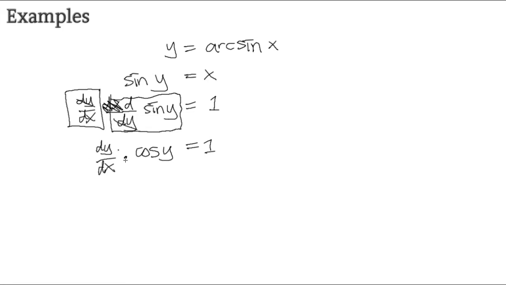So this is the gradient function, and we need to rearrange everything away from the gradient function, so we get 1 on cosine y is dy by dx. We're essentially done here, but what we really want is an expression of x, because we essentially have one variable.